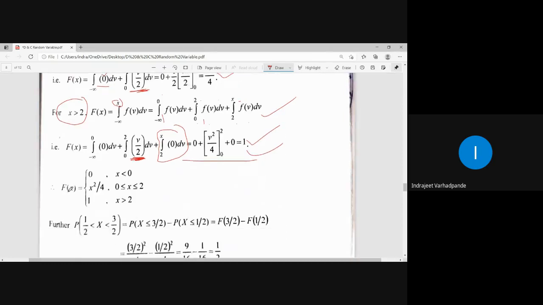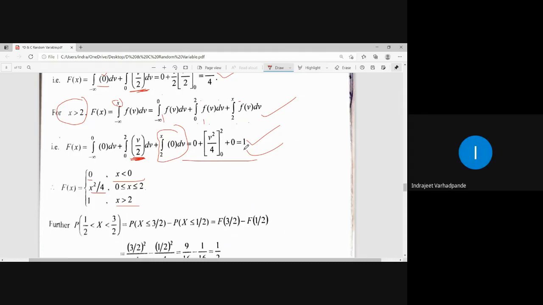So how is the distribution function written? Distribution function is written as 0 for x less than 0. For 0 to 2, it is x square by 4 and for x greater than 2, it is 1. This is the answer we have got. Clear? Is it clear? Yes, sir.